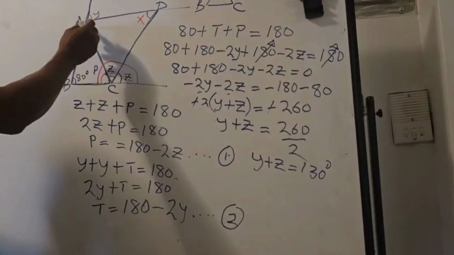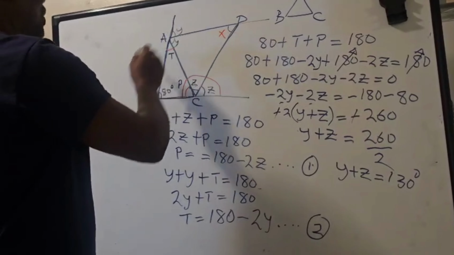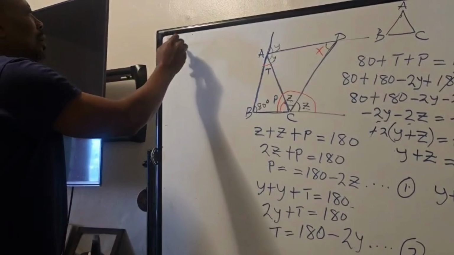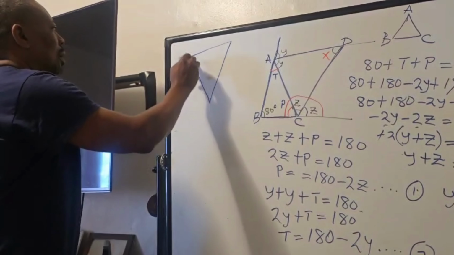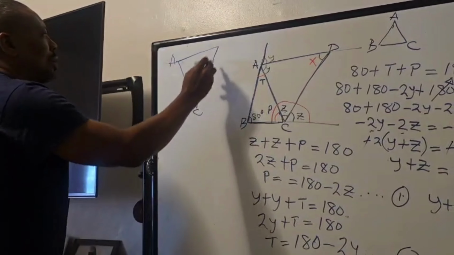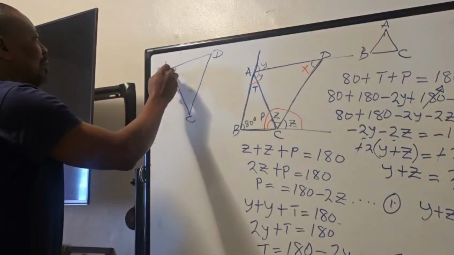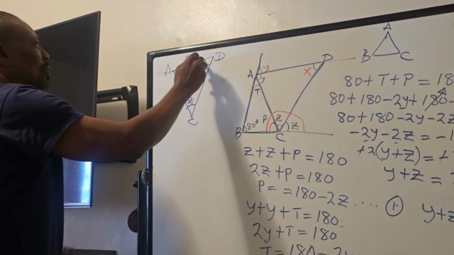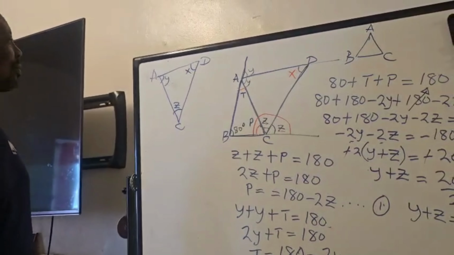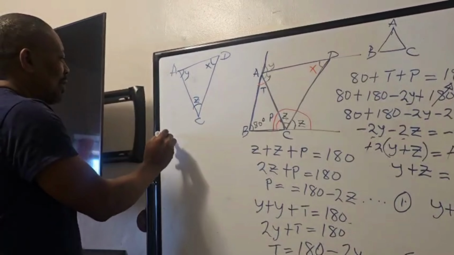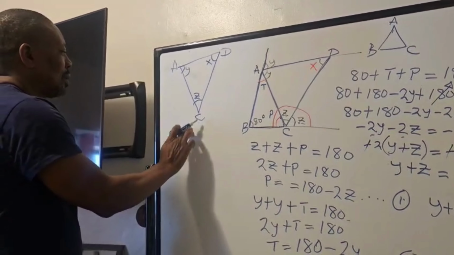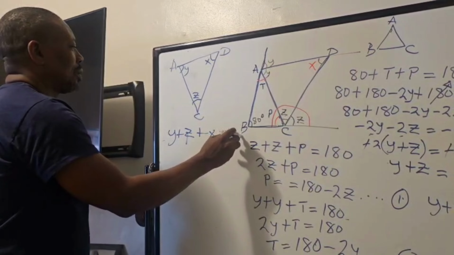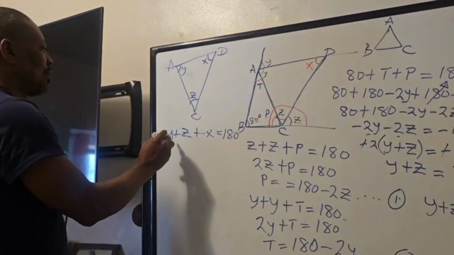So we now go back to triangle ACD. In triangle ACD, we have here to be Y, here to be Z, and here to be X, which we are looking for. So you substitute the values. You have Y plus Z plus X will be equal to 180.